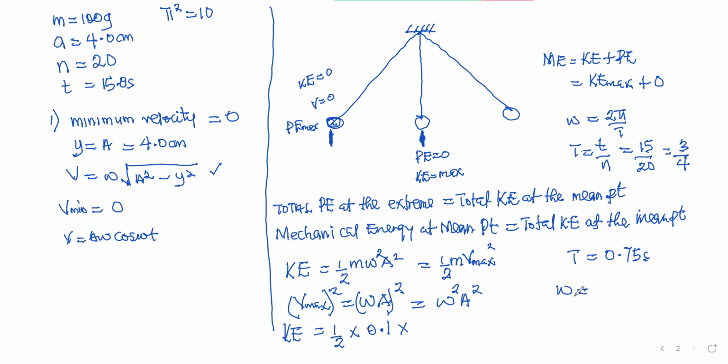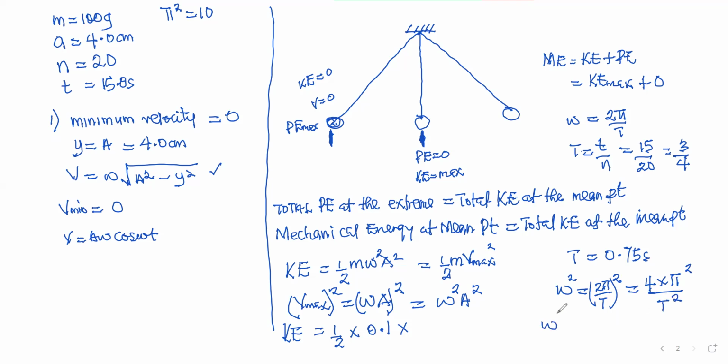Okay, but note that it is angular velocity squared. So omega squared must also be 2 pi over the period all squared. This will give us 4 times pi squared over the period squared.